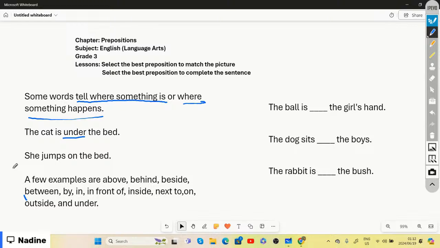All right. And the next one says she jumps on the bed. What is the preposition? Where did she jump?